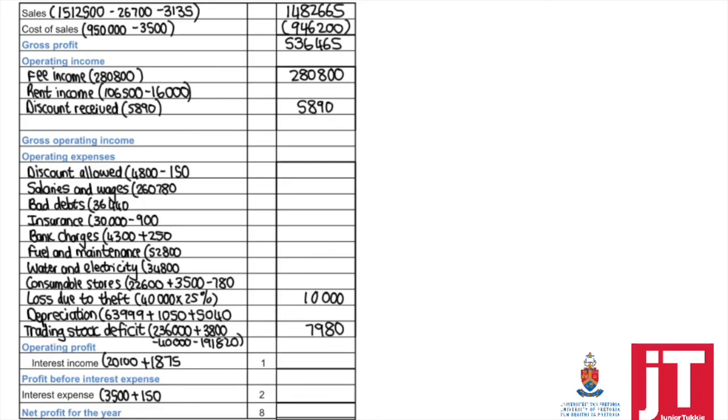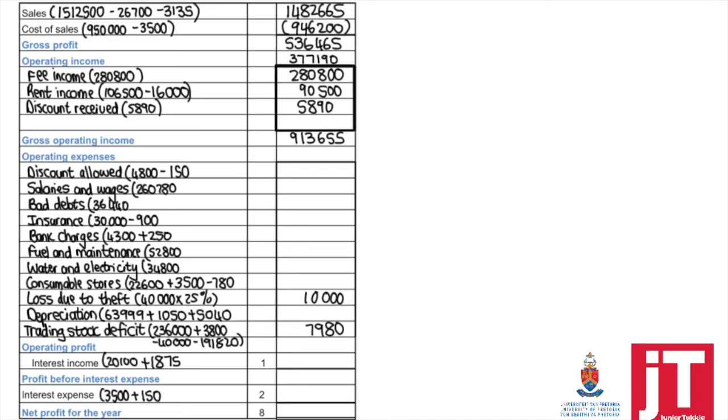Rent income, there was an adjustment, so my total income should be 90,500. Once we are done, you draw a block around it and you add everything in that block to get your total operating income. Gross profit plus operating income equals gross operating income. Don't be alarmed if there's a line open, it doesn't mean you've made a mistake.